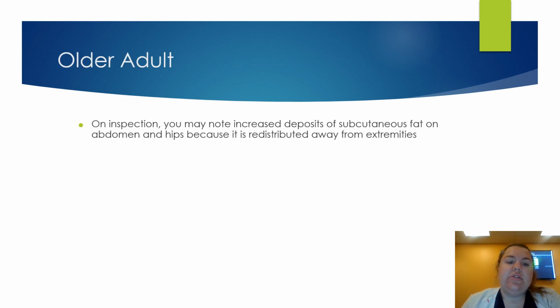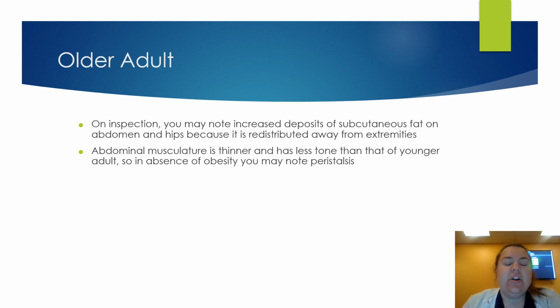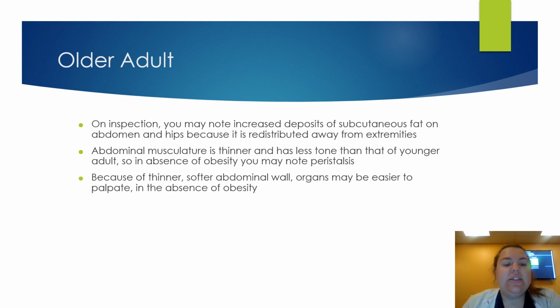So our older adults, just to go over it again, on inspection, they're going to have more subcutaneous abdominal fat near their abdomen and hips because it's getting redistributed away from their extremities. Their abdominal muscles are a lot weaker, so it's thinner, with less tone. In absence of obesity, you may see peristalsis. Because of the thinner, softer abdominal wall, organs are able to be more palpated.